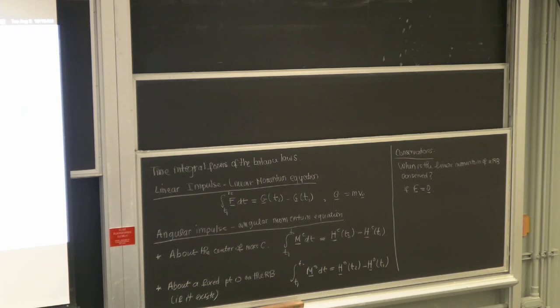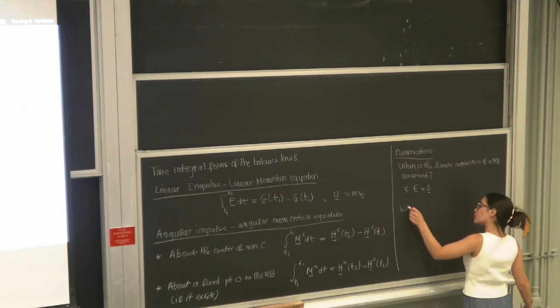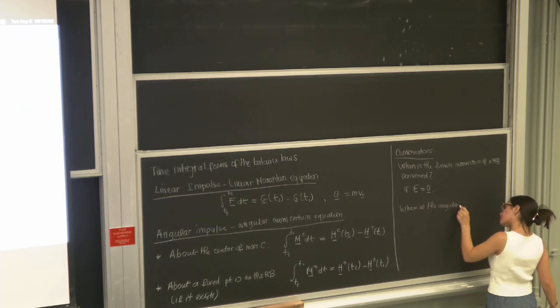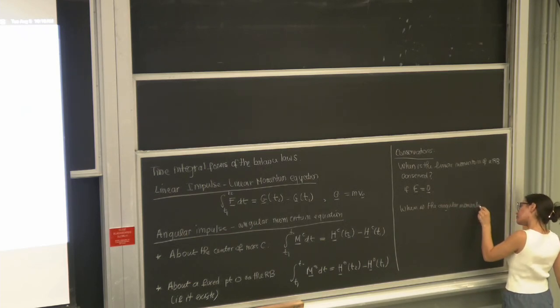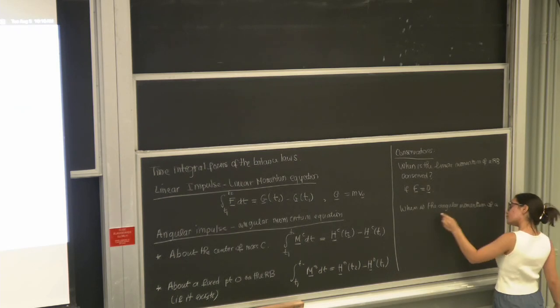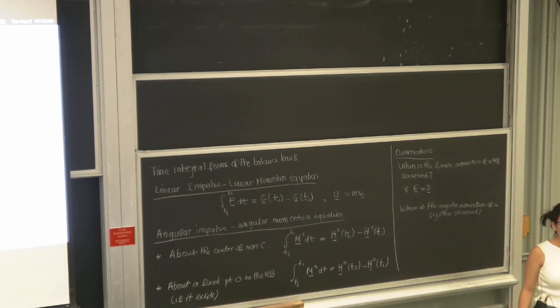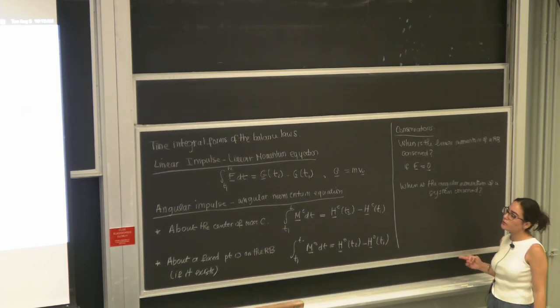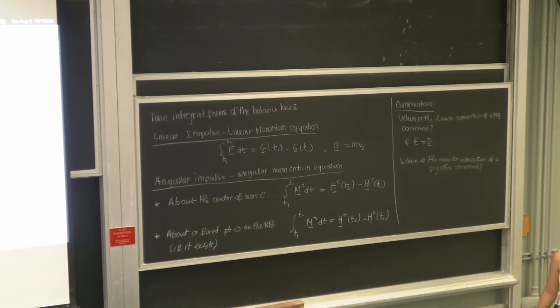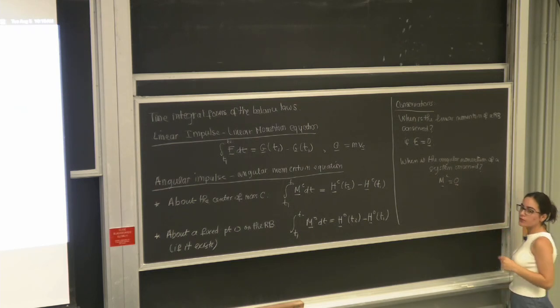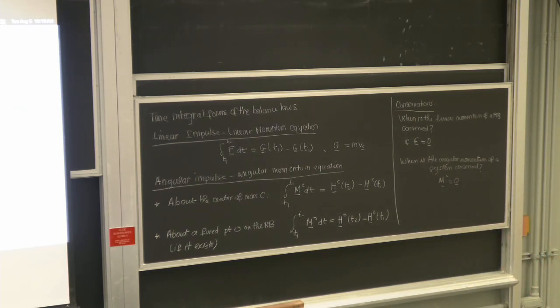Okay. And then when is the angular momentum of a system conserved? Under what conditions is the angular momentum of a system conserved? Exactly, when M_C, about the center of mass, for example, when M_C is equal to 0. Can someone think of an example of a motion where angular momentum is conserved?